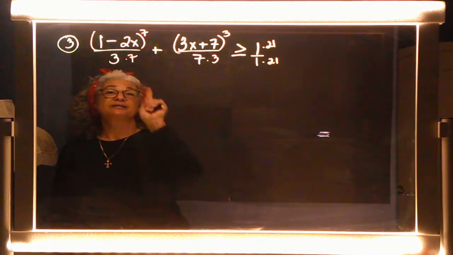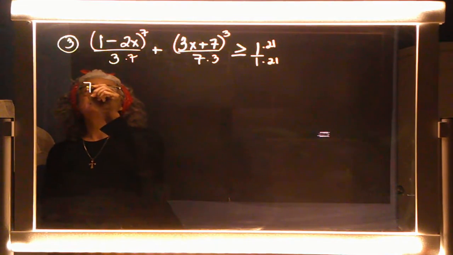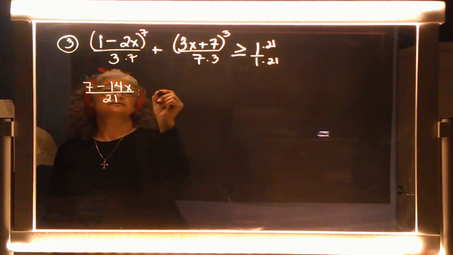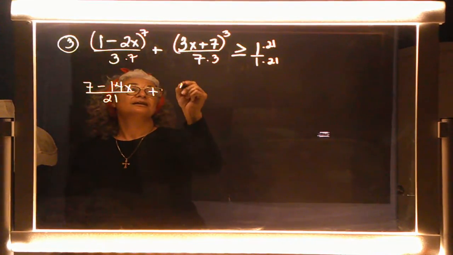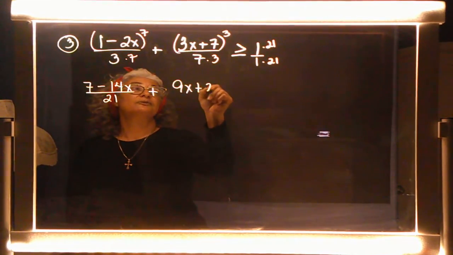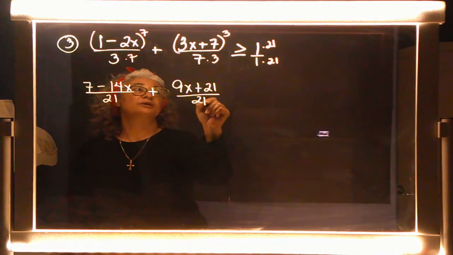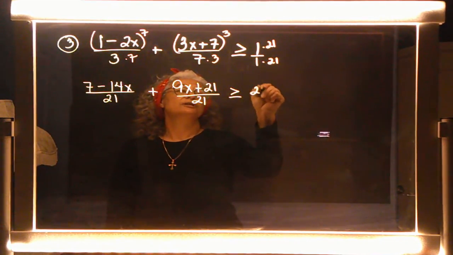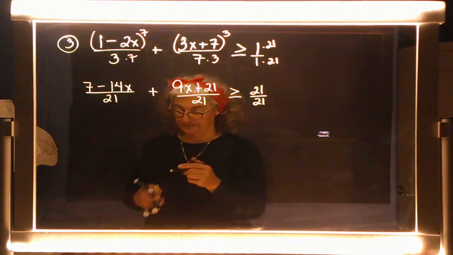Multiply the numerator by 7. I get 7 minus 14x over 21, plus 9x plus 21 over 21, is greater than or equal to 21 over 21.